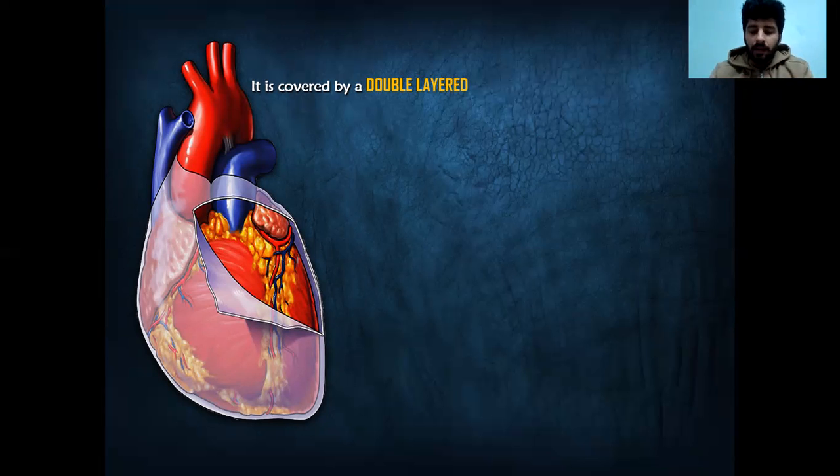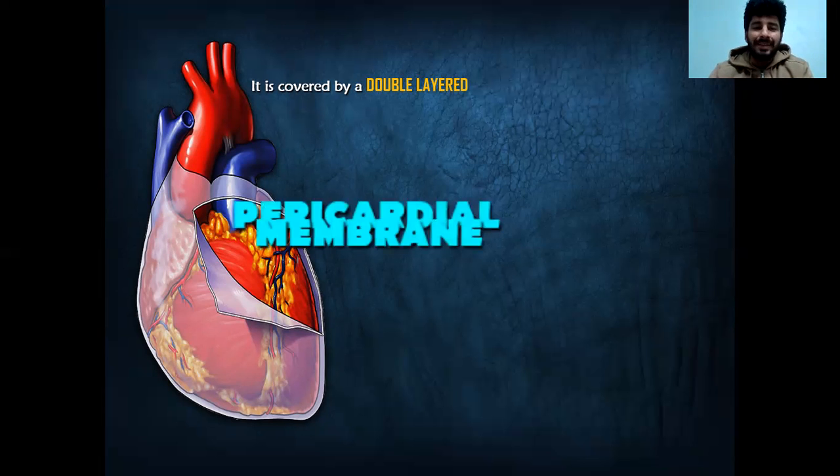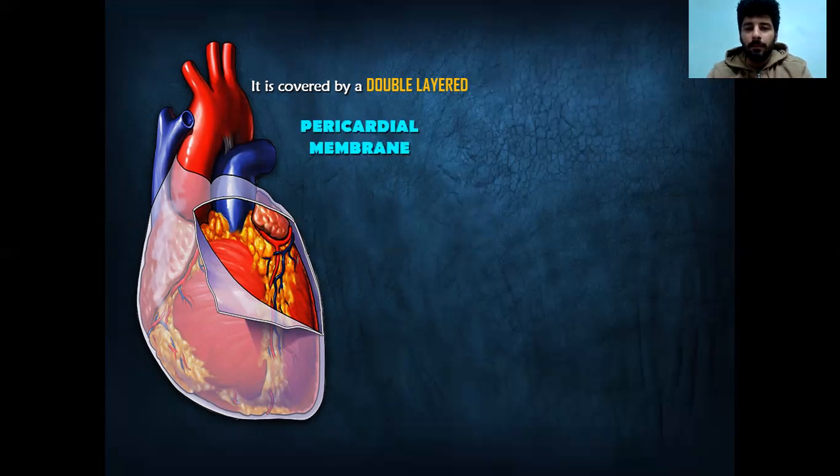So there is a double layered membrane called the pericardial membrane. Now students, pericardial: peri is outside, and cardiac refers to the muscles which form our heart. So therefore the name cardiac. You must have heard about cardiac arrest. It means heart attack. So cardiac is a term often used for our heart.